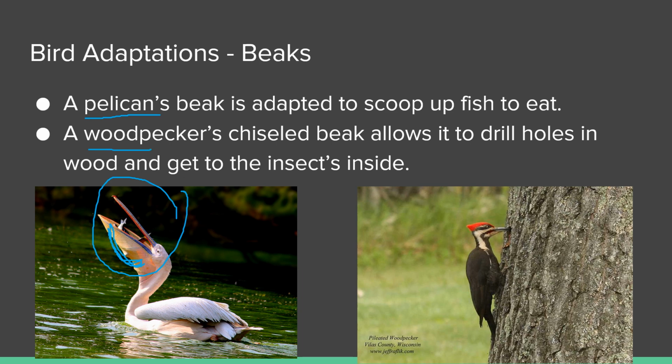The woodpecker's chiseled beak, like I mentioned earlier, that's the bird here on the right, allows it to drill holes into the wood and to get to the insects inside, obviously the ants and other insects that are crawling around in there. But what would not work is if the woodpecker tried to use its beak to scoop up fish in water. It's not big enough, doesn't have that kind of pouch structure to be able to scoop everything up together.